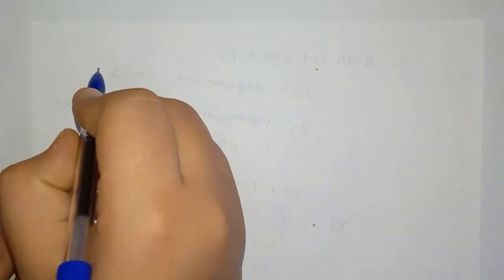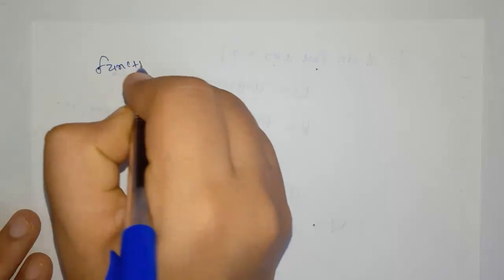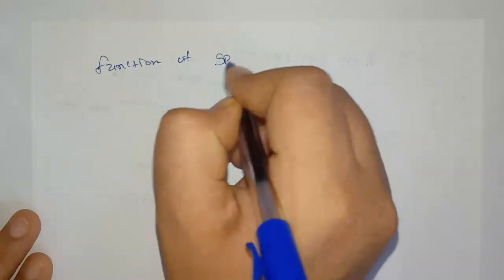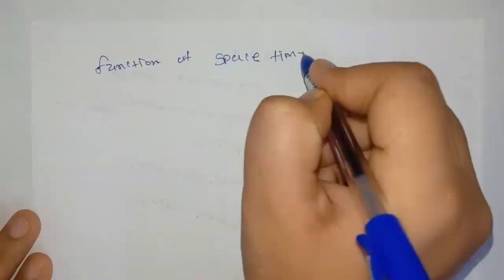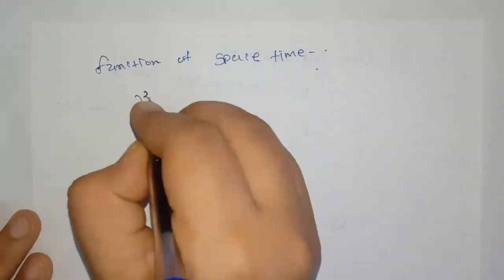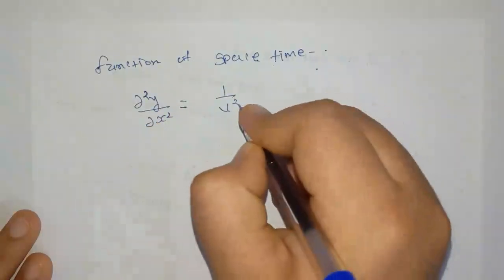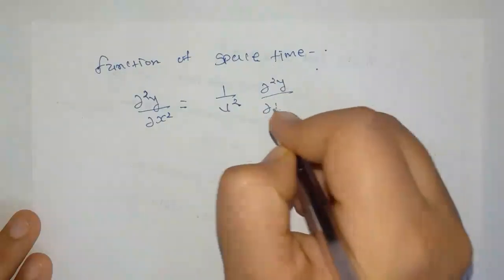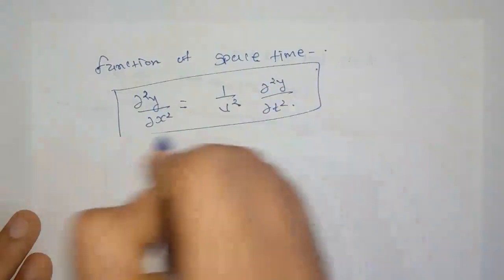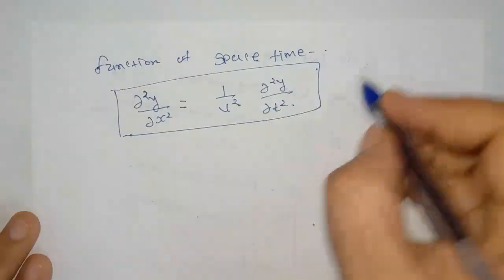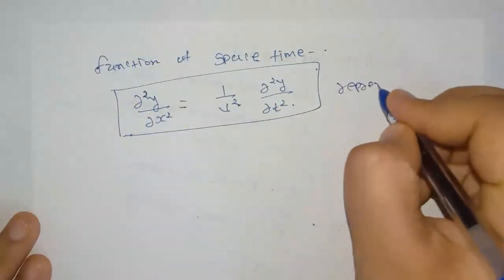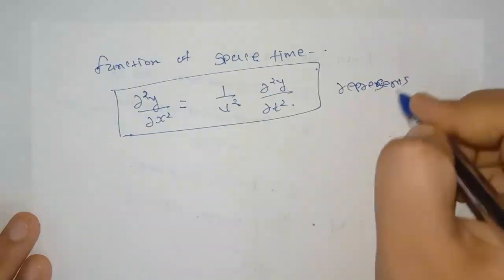Now, which functions are called waves? It has been analytically shown that any function of space and time which satisfies the equation del square y upon del x square equals 1 upon v square del square y by del t square is called, or represents, a wave.